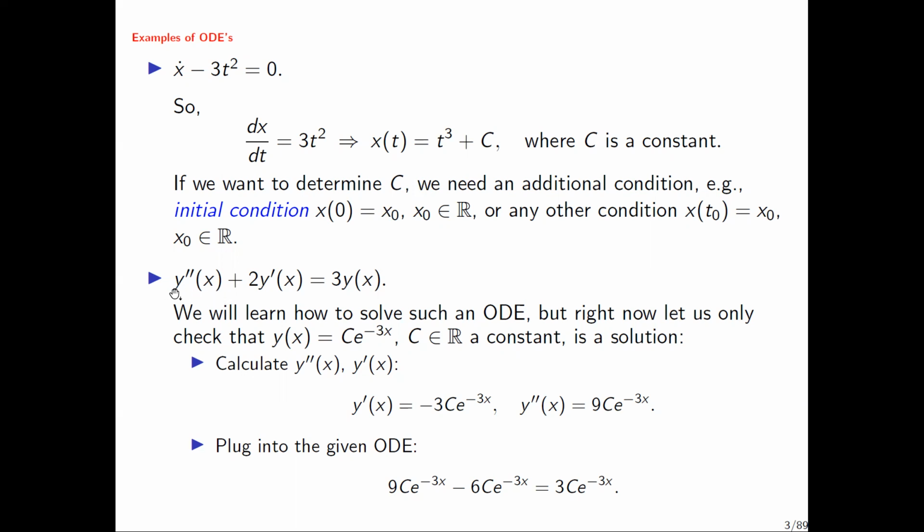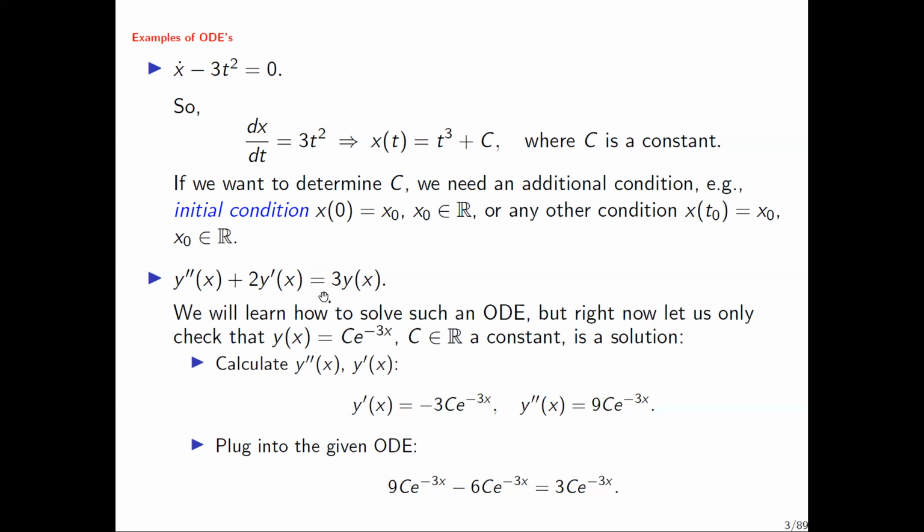Here is another example. We don't know yet how to solve such an example. This is a differential equation of second order: y second derivative plus 2 times y first derivative is 3y. Next week, probably, we will already be able to solve such an ordinary differential equation.